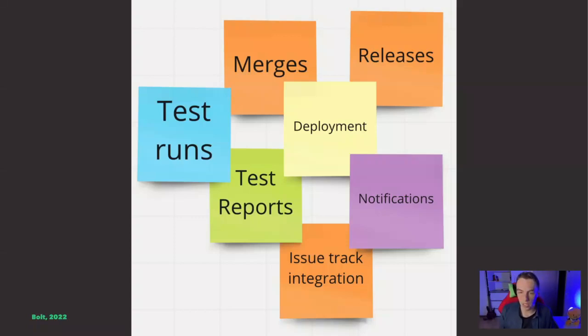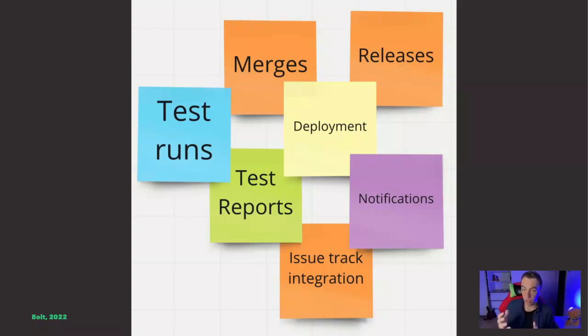Then we want to run the tests. We want to obtain test reports. We want our application to be deployed. We want to release it, right? We want to receive notifications about our build being completed, know the status, obtain the test report, and so on.